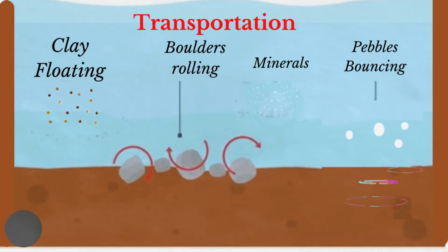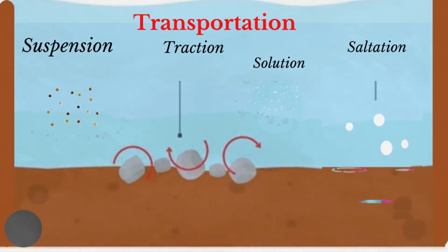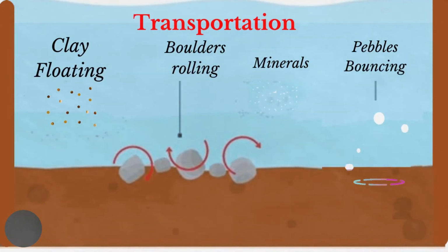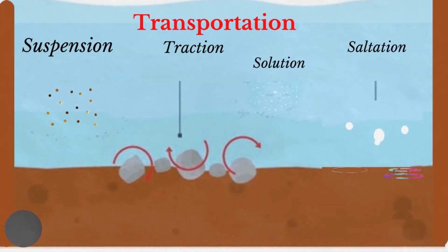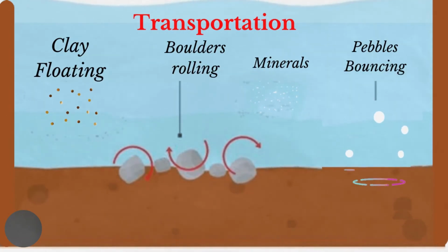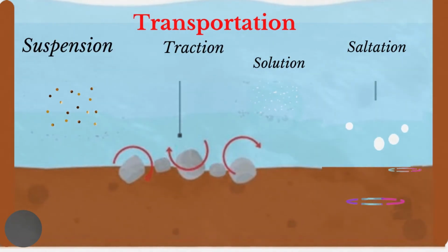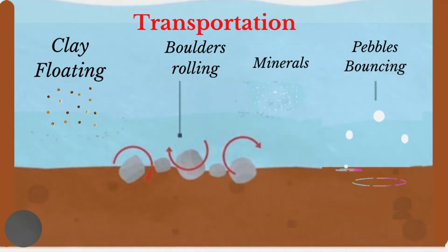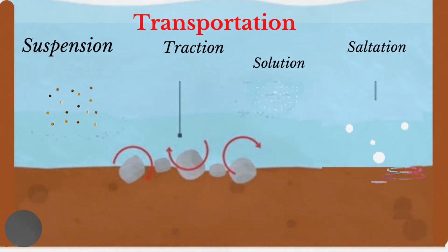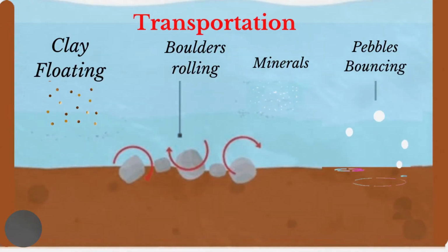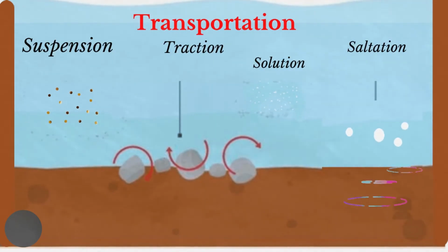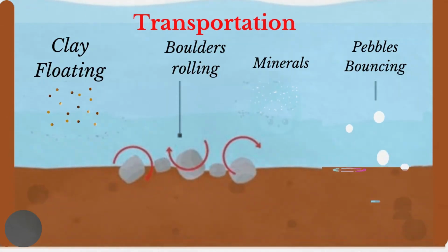Saltation is where pebbles bounce along the river. This might also involve large sands bouncing along the riverbed. Traction involves boulder-sized sediments being rolled along the riverbed.